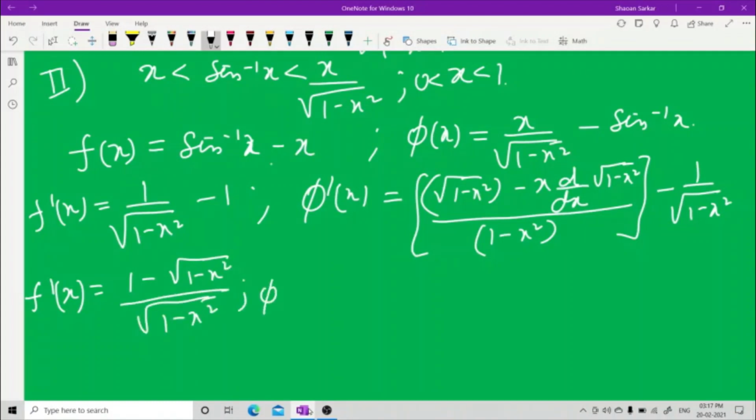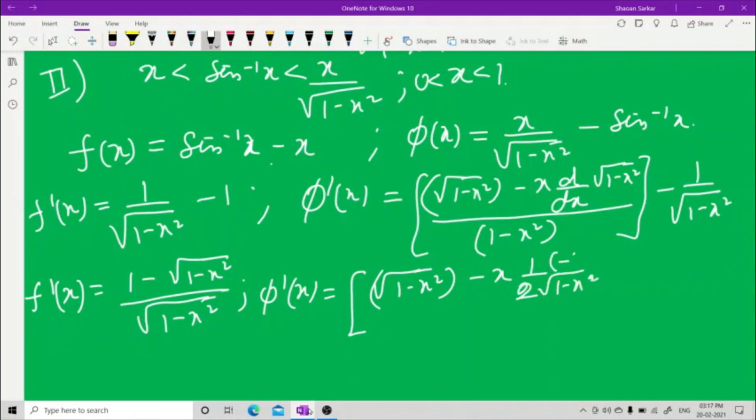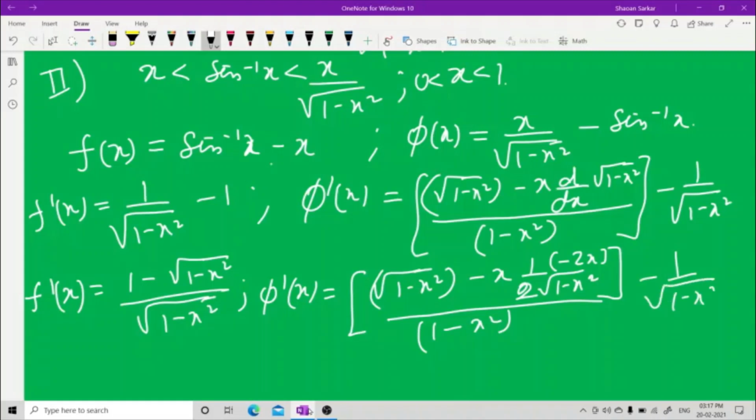Done. Phi dash x is, open the things now, under root 1 minus x square minus x into 1 upon 2 under root 1 minus x square into minus 2x, whole bracket, upon 1 minus x square, minus 1 upon under root 1 minus x square.